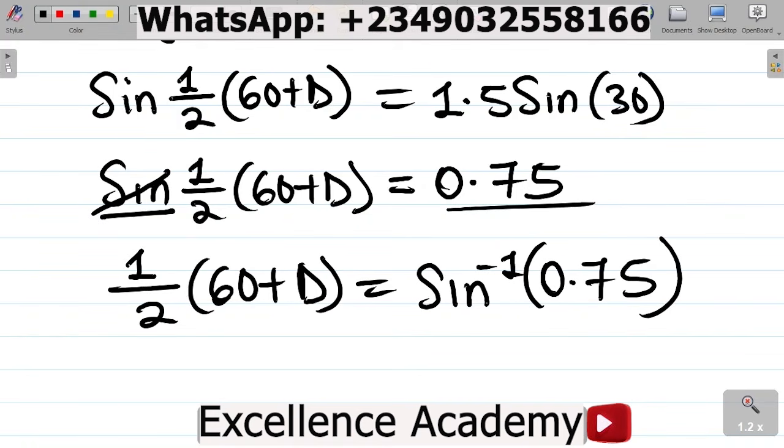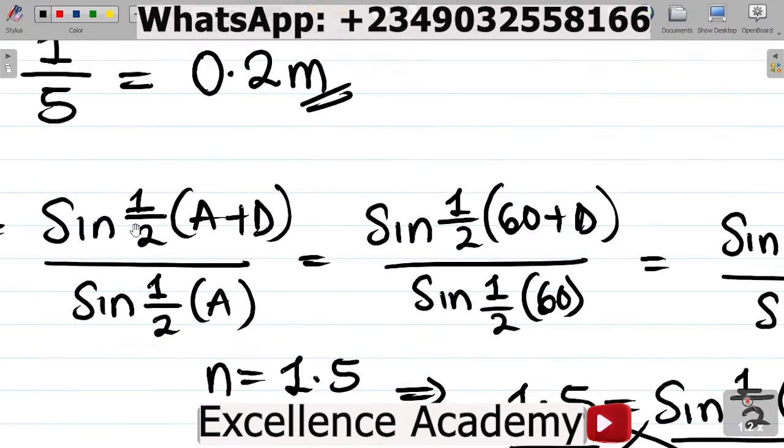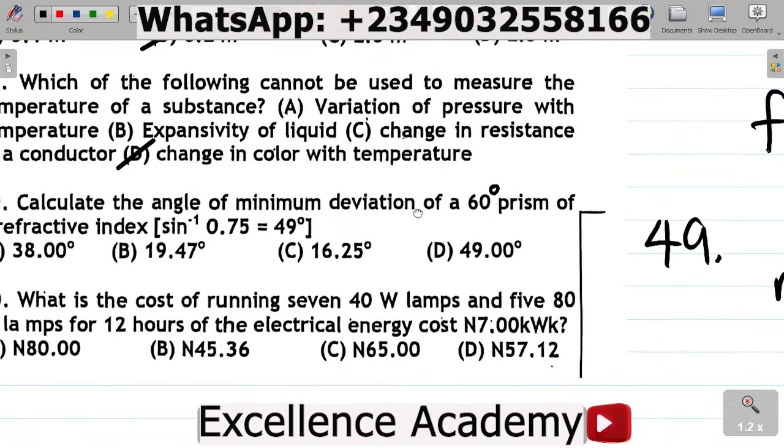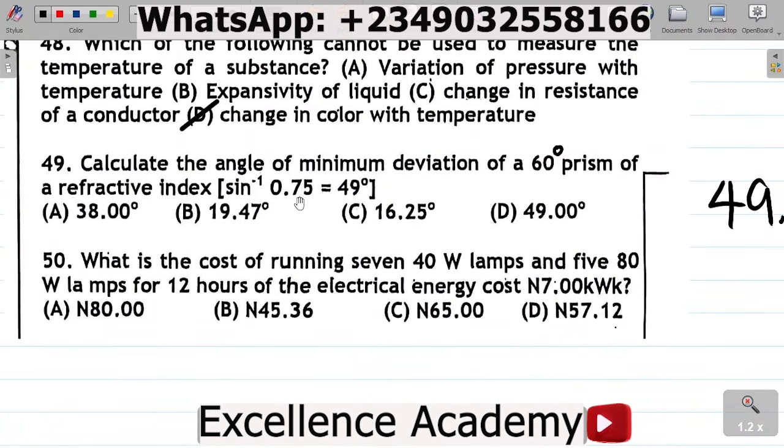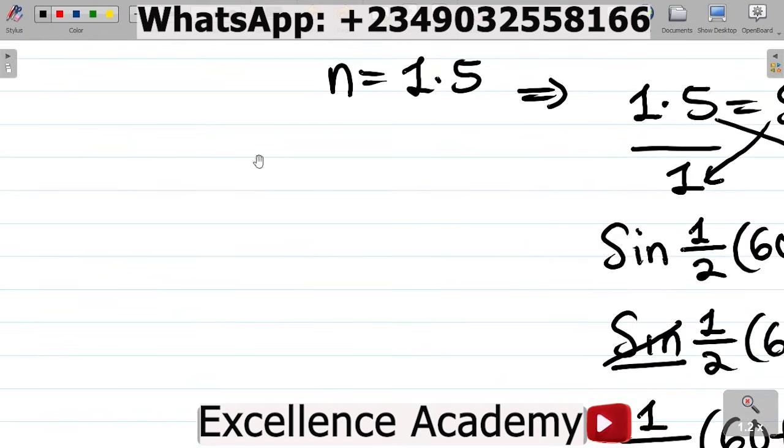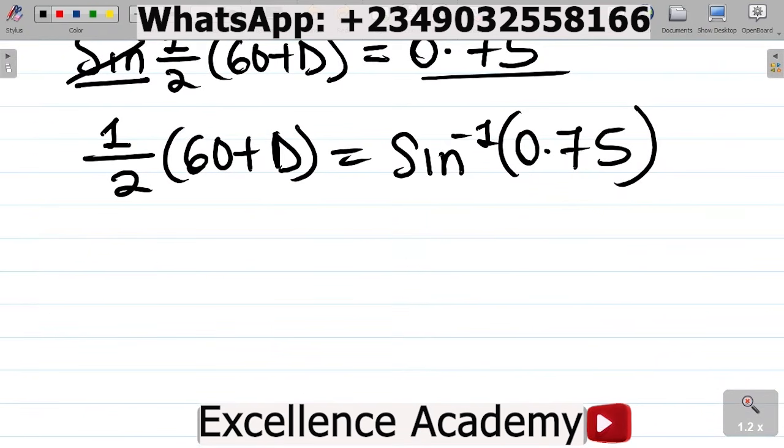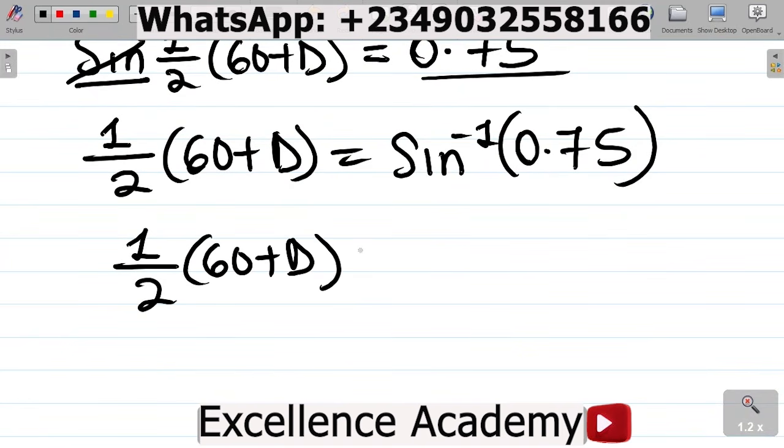Take sine inverse of both sides to cancel out this sine. Okay, I think they give us a value for sine inverse of 0.75. Let's check again. Take sine inverse of 0.75 here as 49. All right, so this is 49. So we are saying that 1 over 2 into (60 plus D) is equal to what there? 49. So we have this.